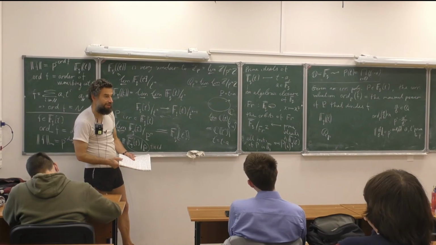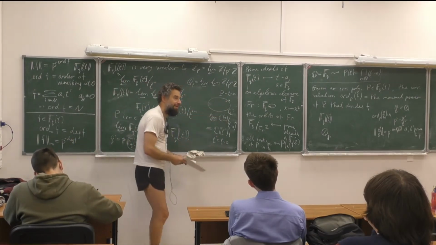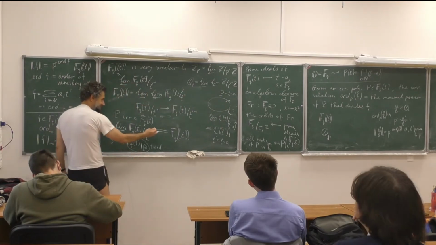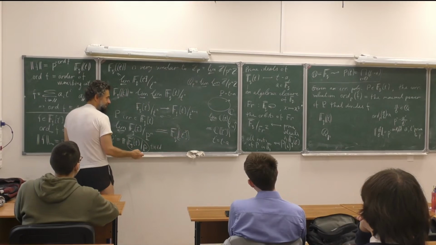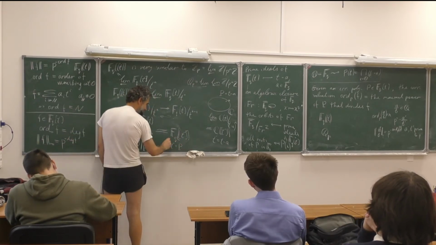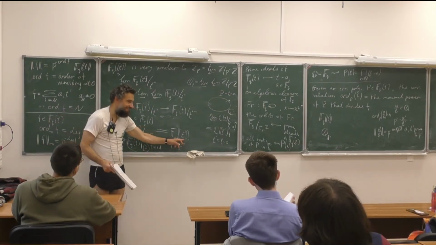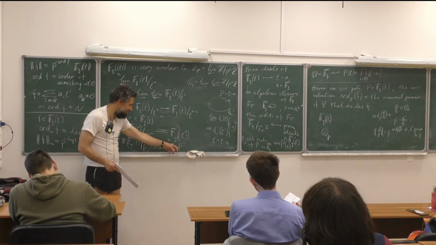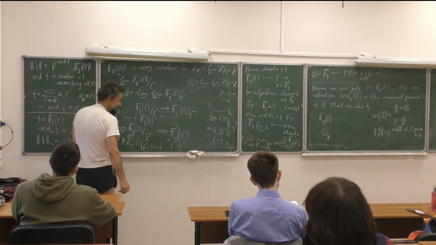I mean, you need some uniformizer that vanishes at this point. And the same here: t' is p, in a sense. It's something which vanishes at the zeros of p. So it's p itself.